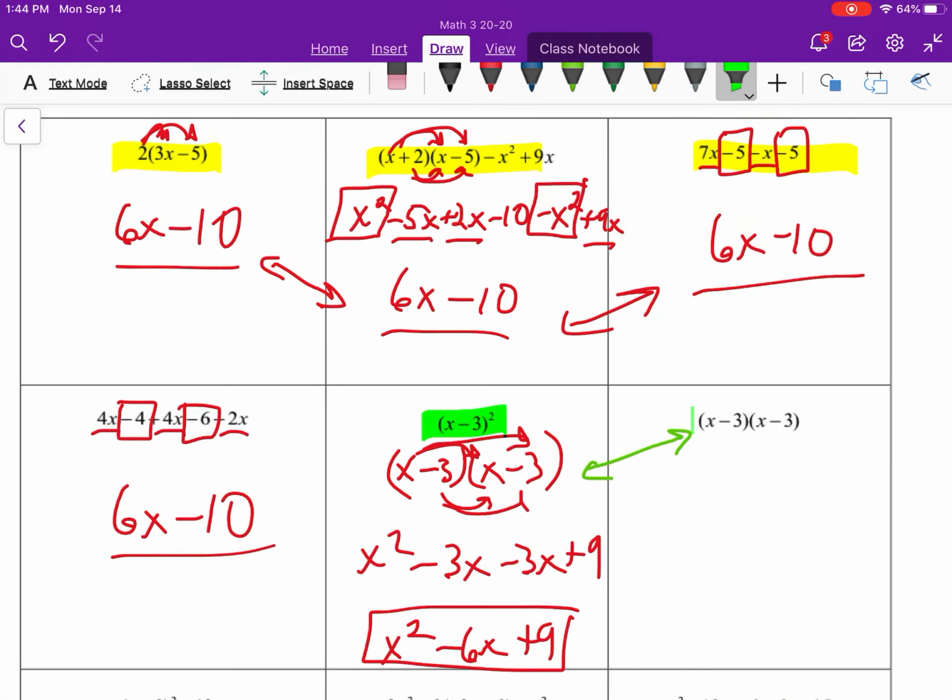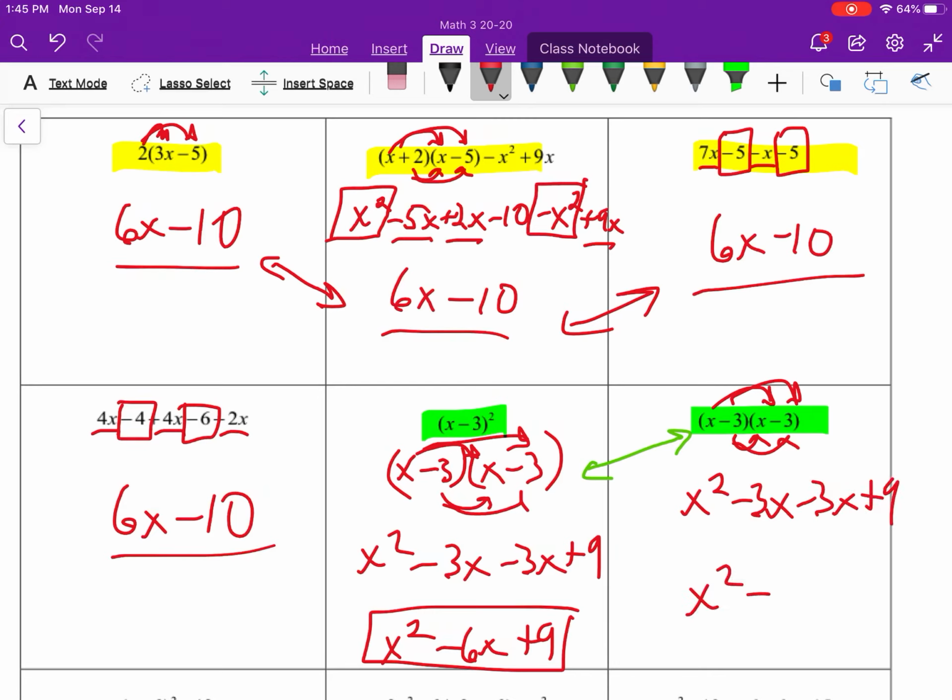We already know that these are equivalent to each other because this x minus 3 squared becomes x minus 3 times x minus 3. If we wanted to prove that, again, we could just double distribute this, which is what we did just to the left. So we have x squared minus 3x minus 3x plus 9, x squared minus 6x plus 9.